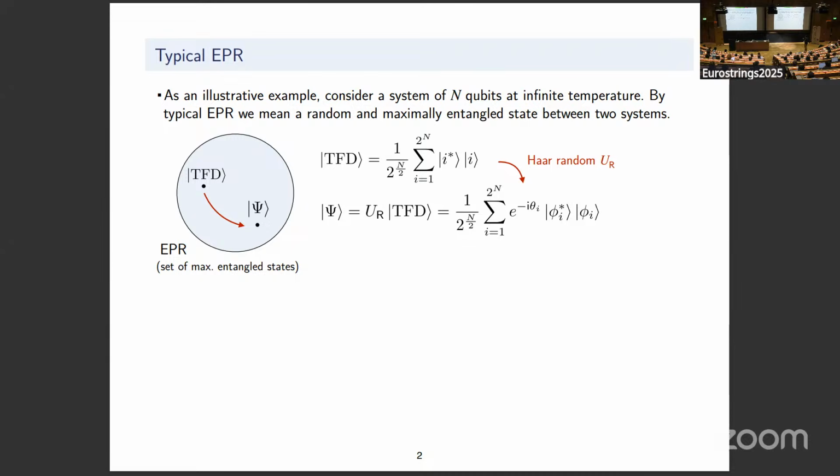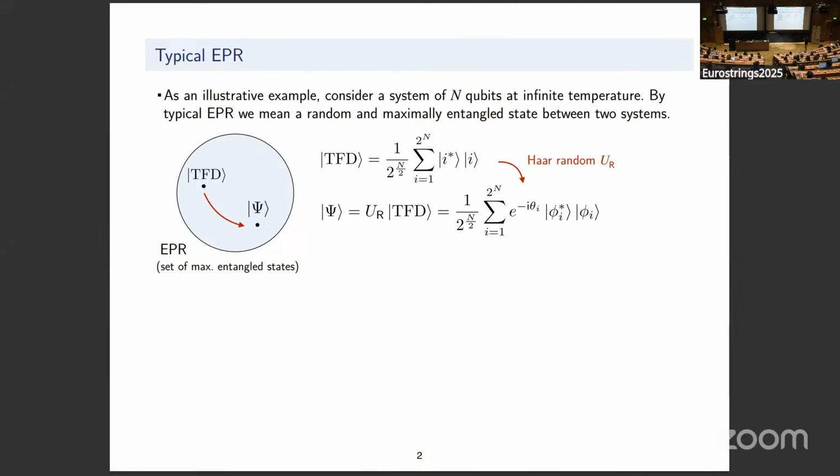If you diagonalize the wave function of a typical EPR, it looks pretty much like the infinite temperature thermofield double, but now you get a collection of phases, and moreover, the eigenvectors are different from the energy eigenstates. They are other vectors that correspond to the eigenvectors of the unitary that you use to create the state.